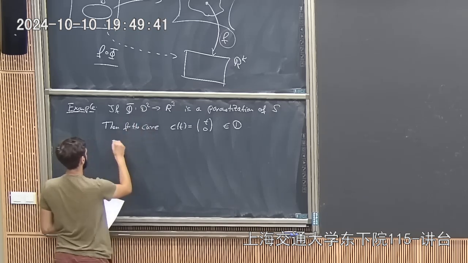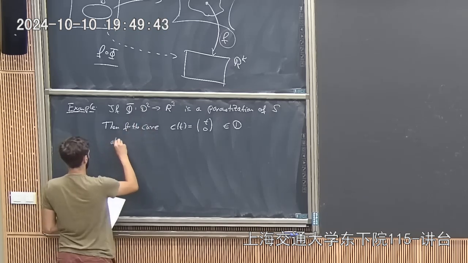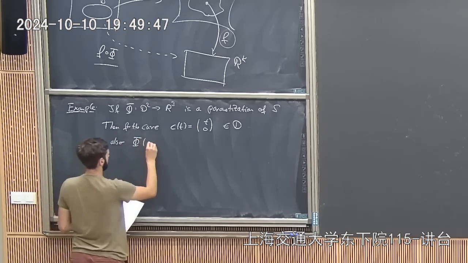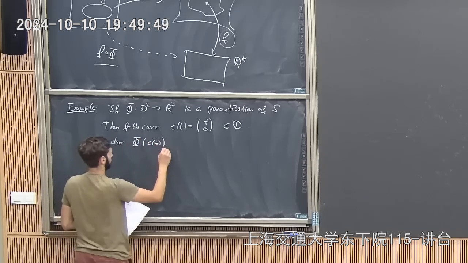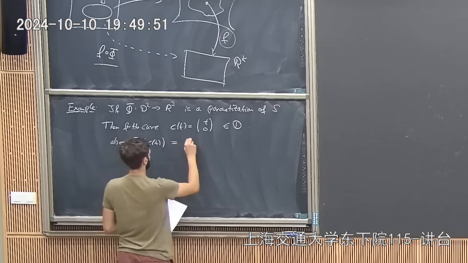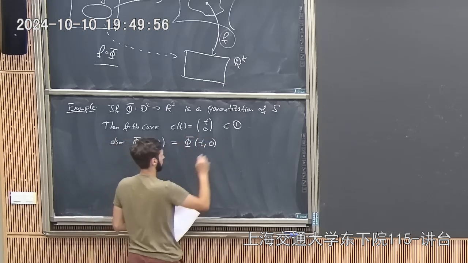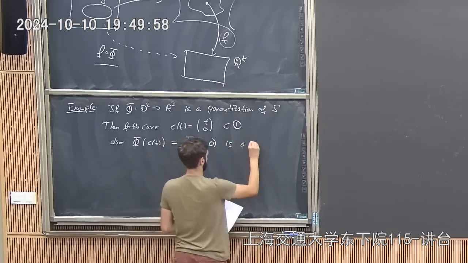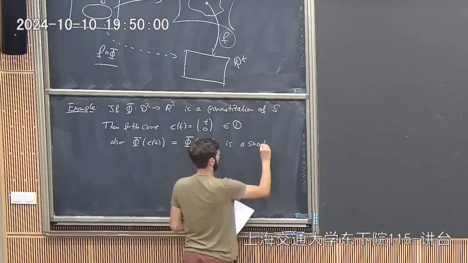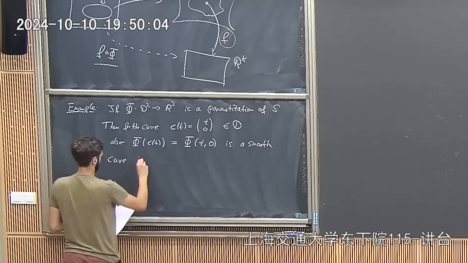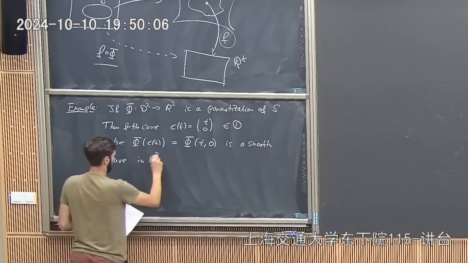You can take the composition, also phi of c of t, which is nothing else than a smooth curve in R3.